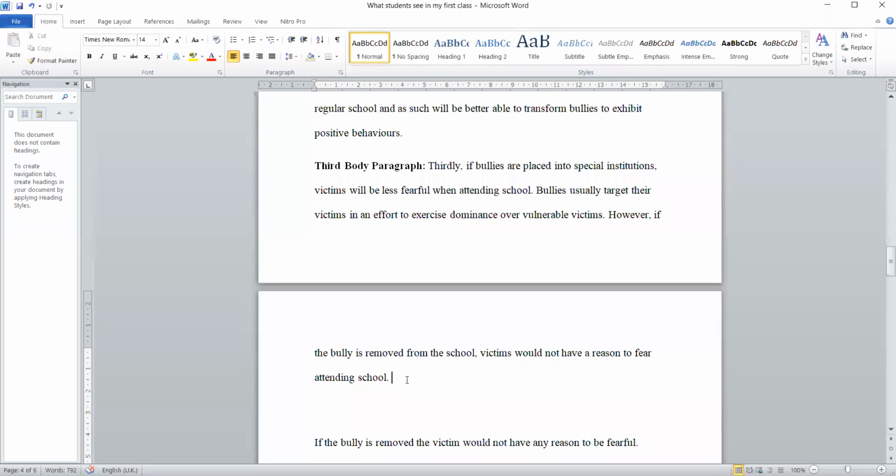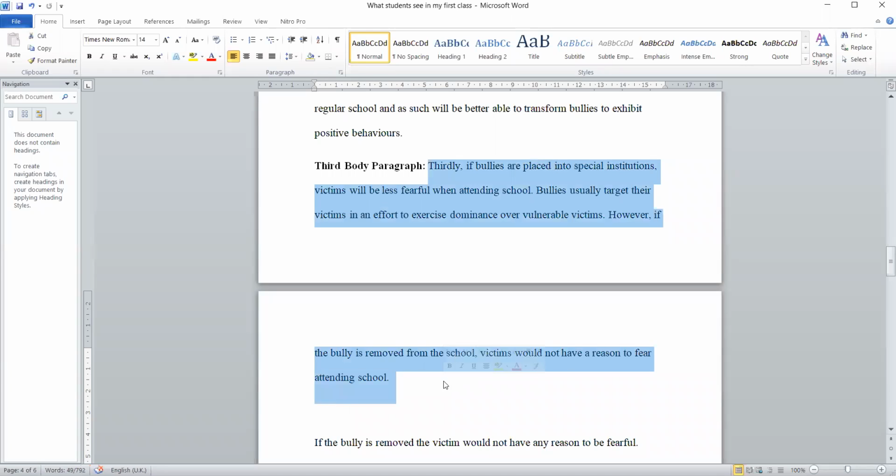How can I incorporate the device direct personal appeal into this third body paragraph that we have established so far?